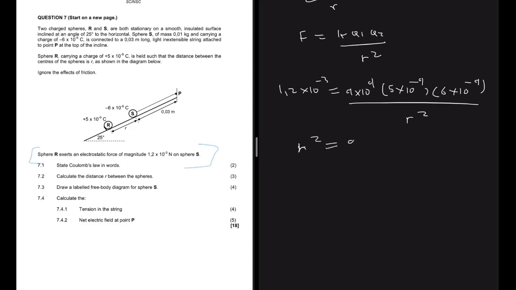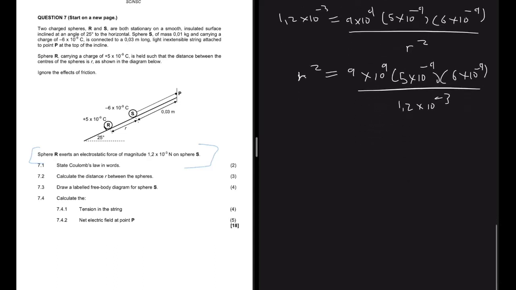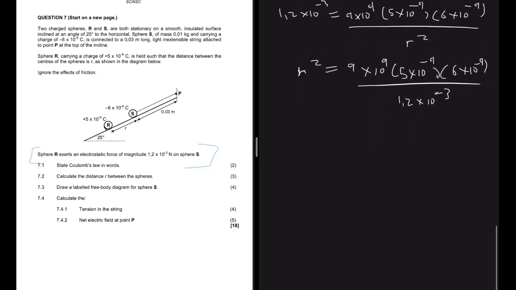So that will give me r squared equals 9 times 10 to the 9 multiplied by 5 times 10 to the minus 9 multiplied by 6 times 10 to the minus 9 divided by 1.2 times 10 to the minus 3.